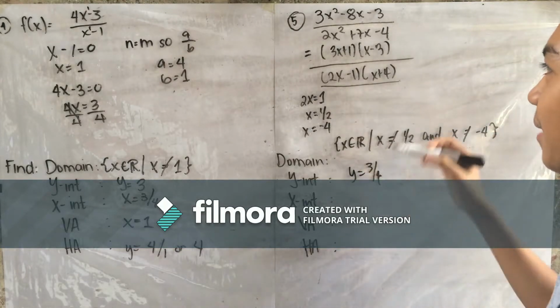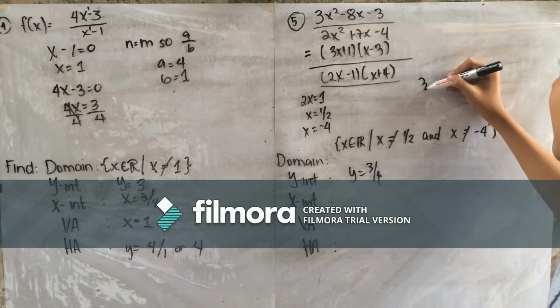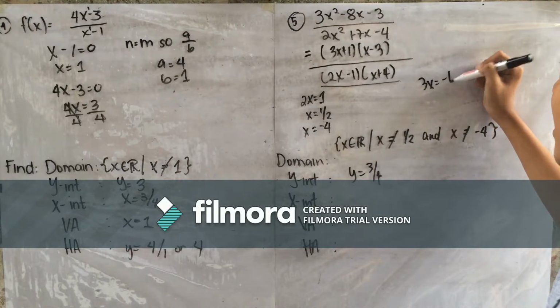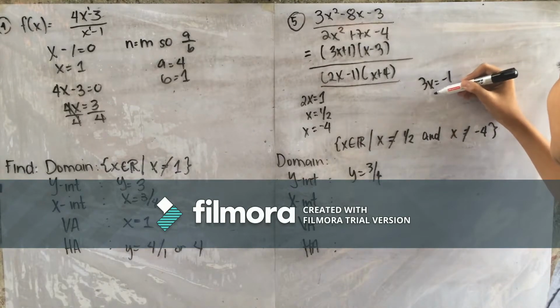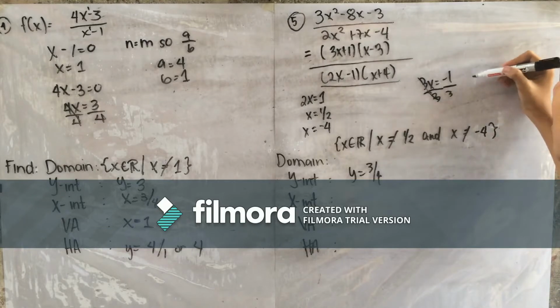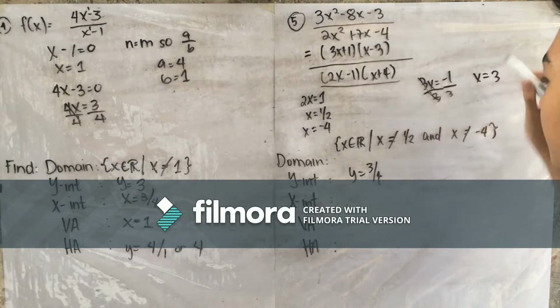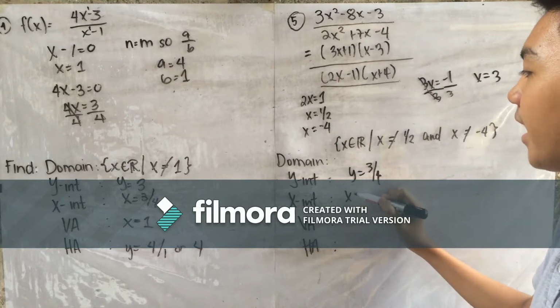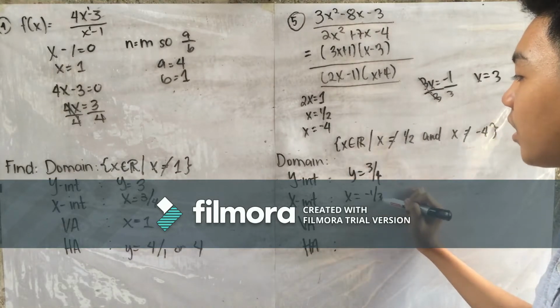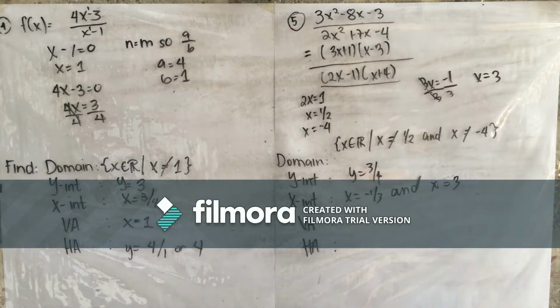Then x-intercept, the numerator naman, 3x is equal to negative 1. Divide both sides by 3. x equals negative 1/3. Then x is equal to 3. So the x-intercepts are x equals negative 1/3 and x equals 3.